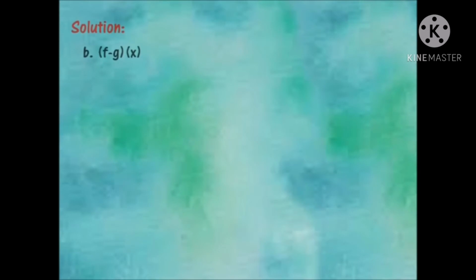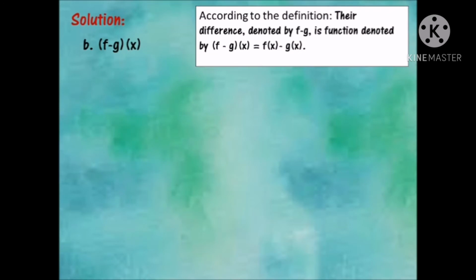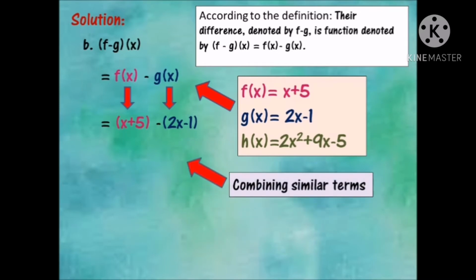Next example, letter B, f minus g of x. Again, according to our definition, the difference denoted by f minus g is a function denoted by f minus g of x, which is equal to f of x minus g of x. Then, our given function, substitute na lang natin siya. f of x is equal to x plus 5 minus the g of x, which is 2x minus 1. And then, combining similar terms again.